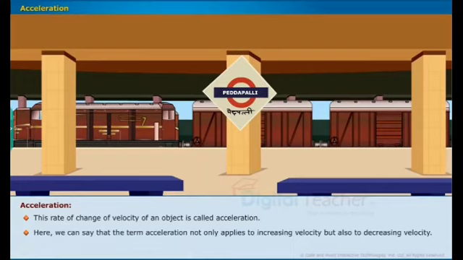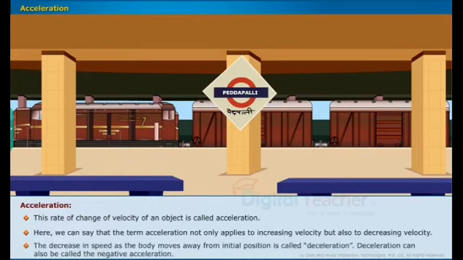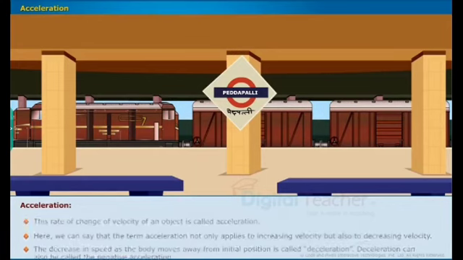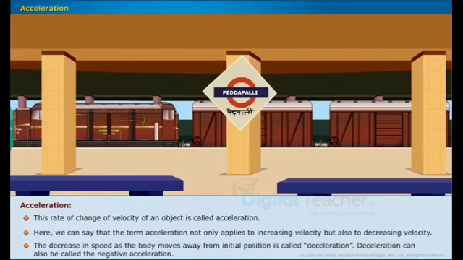Here we can say that the term acceleration applies not only to increasing velocity but also to decreasing velocity. The decrease in speed as the train approaches the station is called deceleration. Deceleration can also be called negative acceleration.